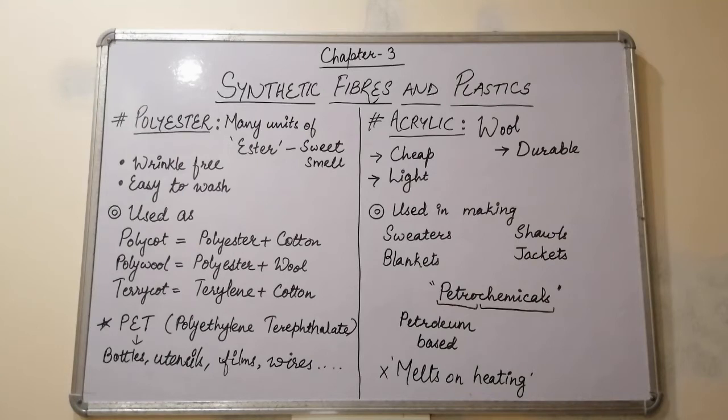As the fruits get ripened or matured, a sweet smell arises from the fruit, which is an indication of the ripening of the fruit. So that fruity flavor or the sweet smelling substance is known as ester. Now when many units of ester combine together, it makes polyester.